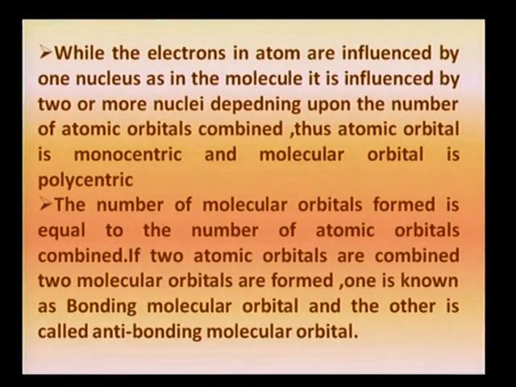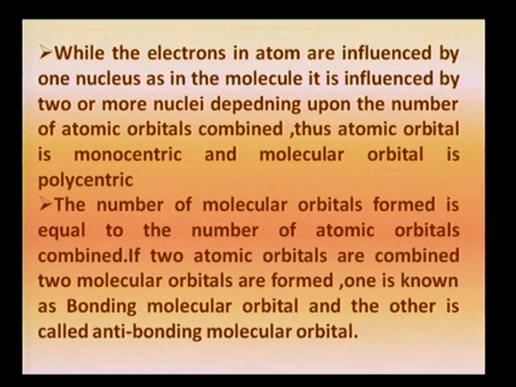They revolve around the two or more nuclei depending upon the number of atomic orbitals combined. Thus, atomic orbital is influenced by one nucleus, whereas molecular orbital is influenced by two or more nuclei depending upon the number of atomic orbitals combined.